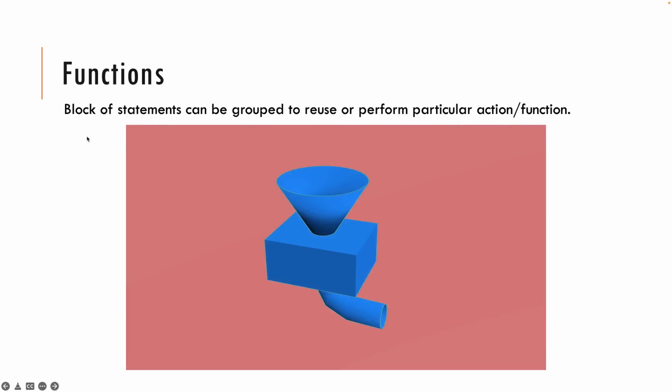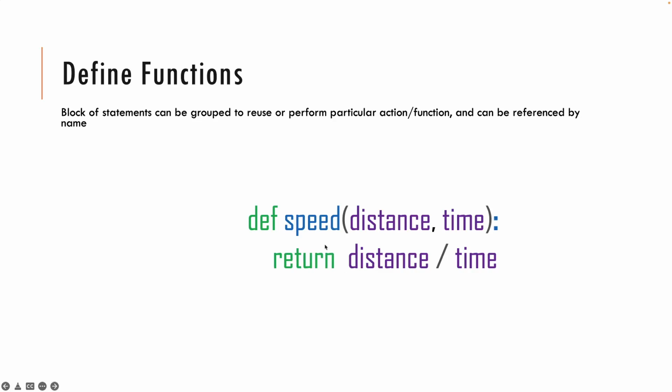As you can see here, the function is a reusable code block which can take single or multiple inputs and produce an output. In Python, we return that output to the caller using a return statement.